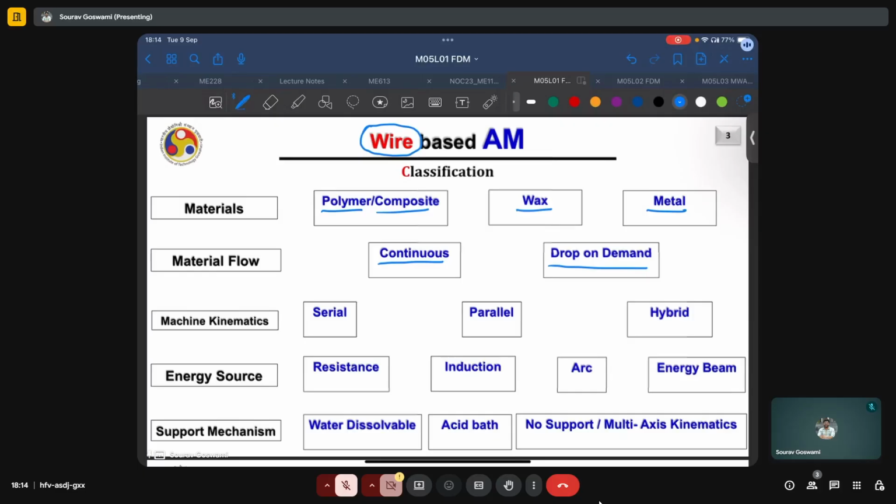Similarly, in these processes also, we can have a drop on demand like mechanism where we are simply dropping the material dropwise into the regions where they're needed.